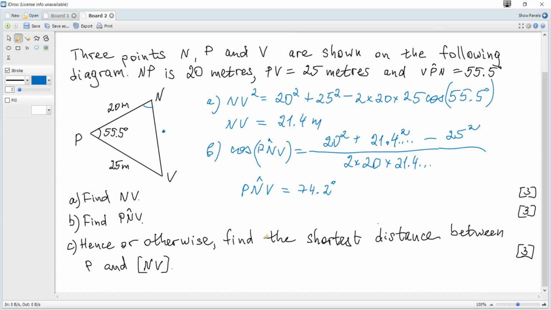The next question, hence or otherwise, find the shortest distance between P and the side NV. The shortest distance is a perpendicular distance. Let this point be H, and PHN is a right angle triangle, and angle N is found, so we need PH, and we can use a calculator.